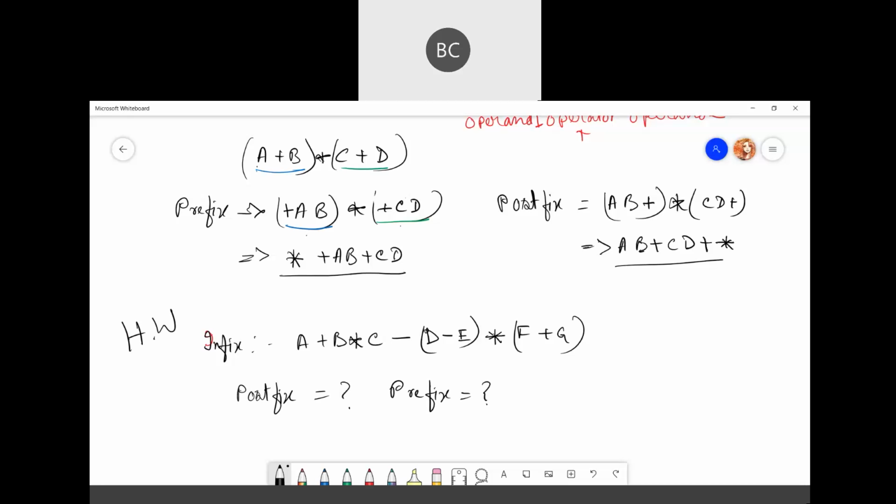This is the A plus B into C minus D minus B into F plus G. Write it down. Let me know once you are done writing the homework.